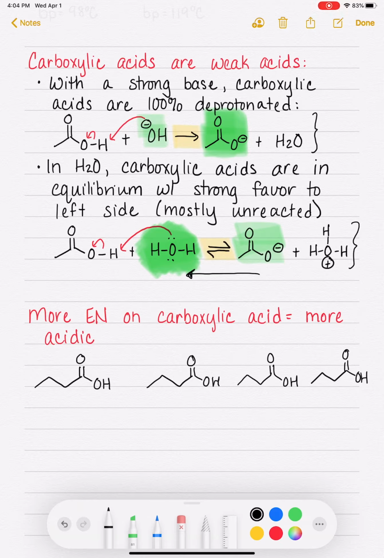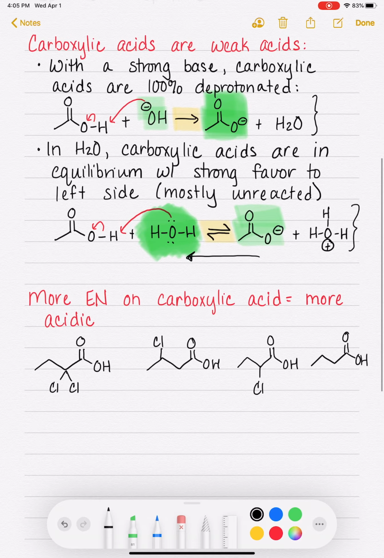So for the first one, let's put 2 chlorines on carbon number 2. For the second one, let's put 1 chlorine on carbon number 3. For the third one, we'll put 1 chlorine on carbon number 2. And for the last one, no chlorines at all. So the more electronegative atoms you have on a carboxylic acid, the more acidic it is.